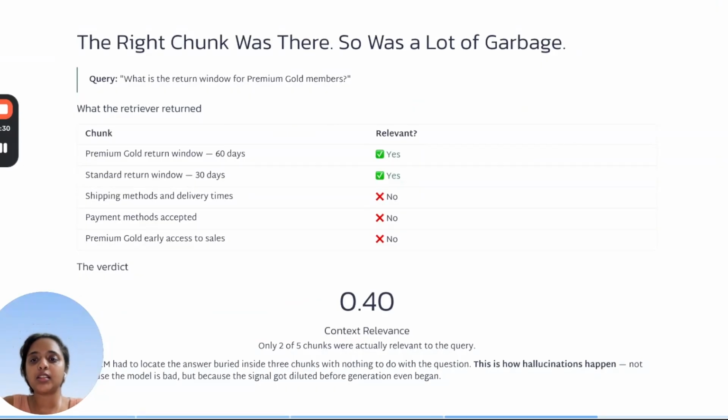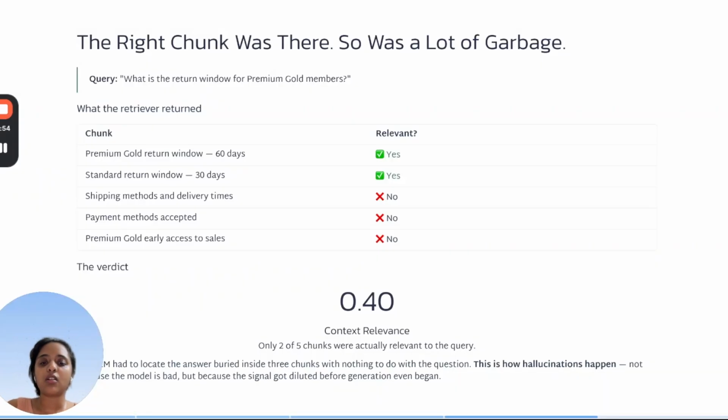So the question is, what is the return window for premium gold members? The answer that is relevant is premium gold return window is 60 days and standard return window is 30 days. And other things that were retrieved in the top K are not relevant at all. So ideally, these shouldn't really pass into the context window.